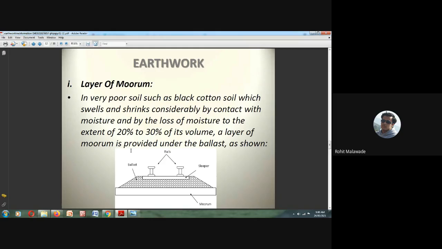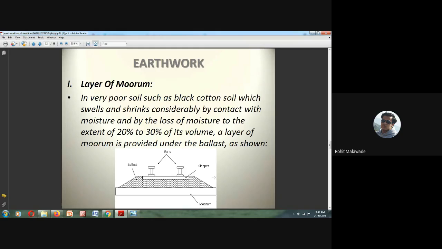By mixing the sand type of material into that soil, it is going to provide stability to the track. If rain and moisture are going to change its nature, then by adding sand we can prevent the change of its nature.